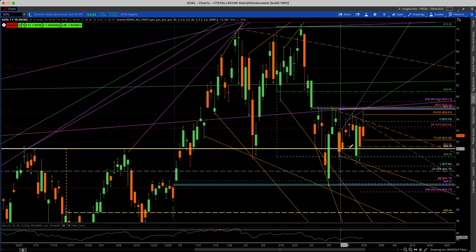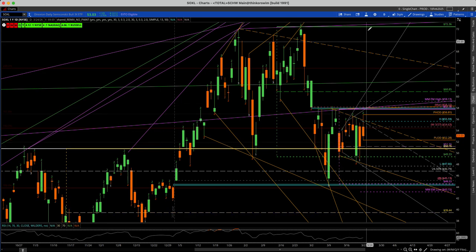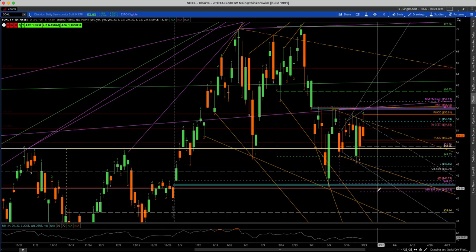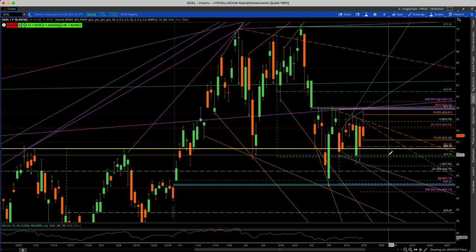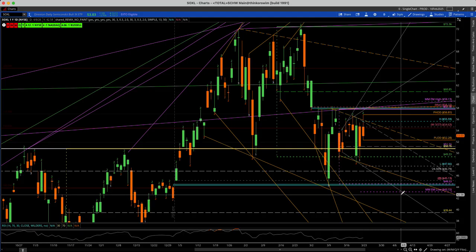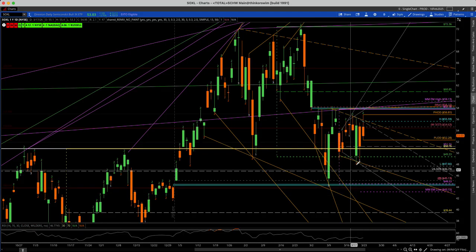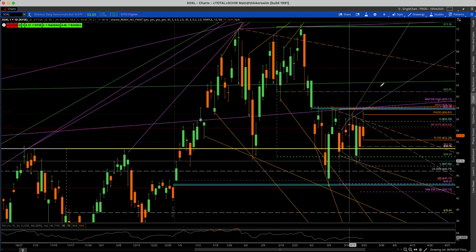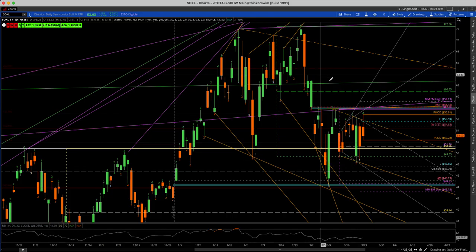So we're just really trying to see, are we going to put in that low and get back to the top of the range, or are we going to fall back through here, maybe close this gap and bounce, then come back up and get some type of lower high on the day time frame to get that larger push to the downside? That is still a possibility, but technically we have put in this higher low, higher high on the day chart. So we'll have to see what happens moving forward.